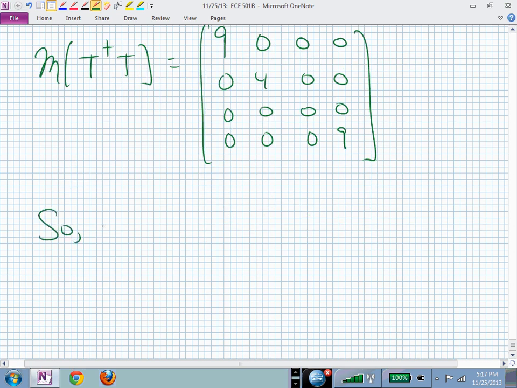So now if I wanted T dagger T, sorry, I'm going a little bit over, but I think this is maybe going to be somewhat helpful. What does this look like? That's 9Z1, 4Z2, 0, 9Z4.